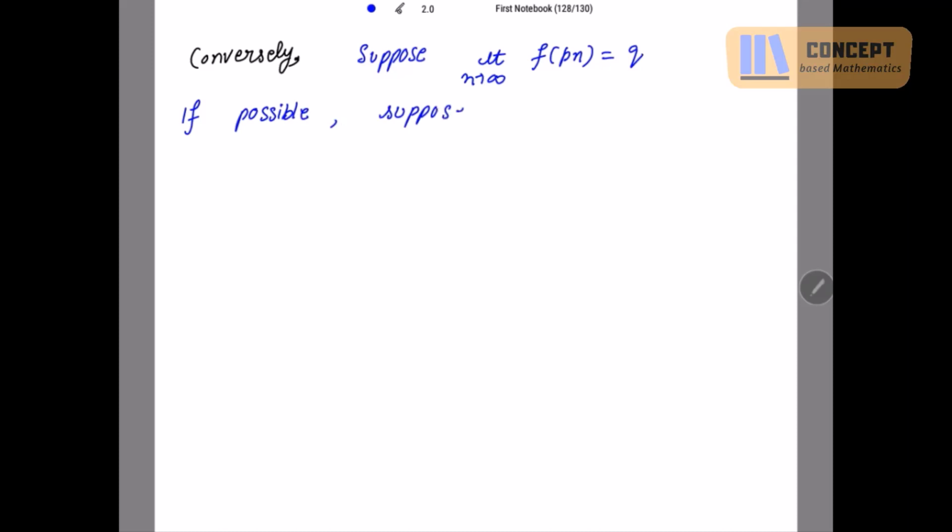What we have to prove is limit x tends to P f of x equal to Q, but I suppose, if possible, this is not equal to Q.